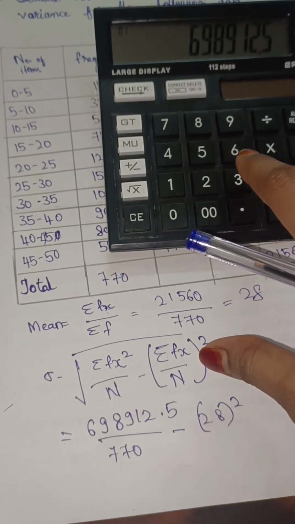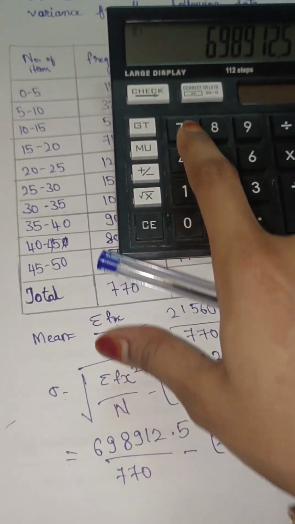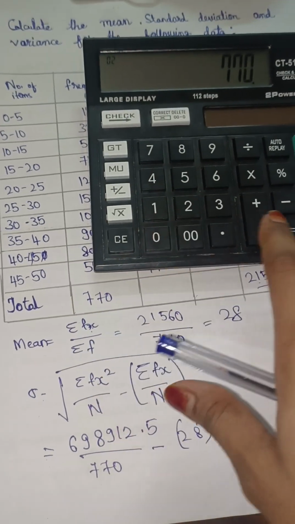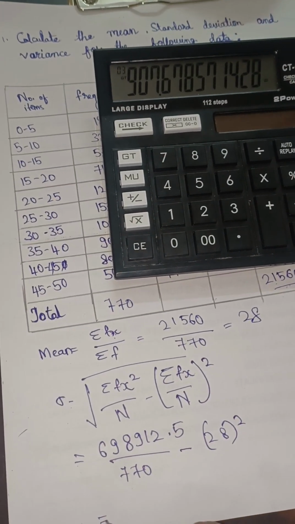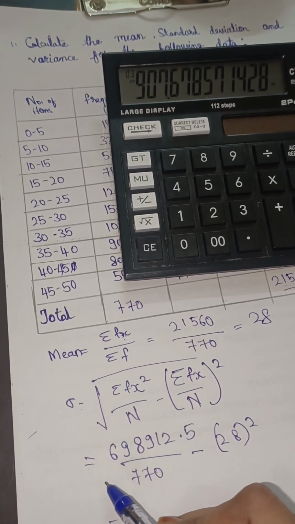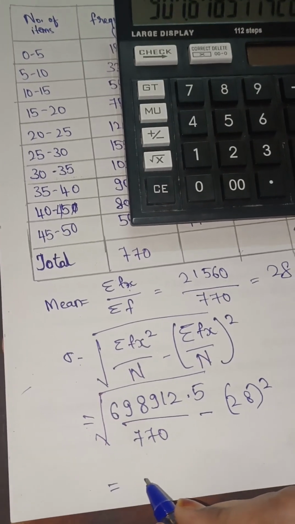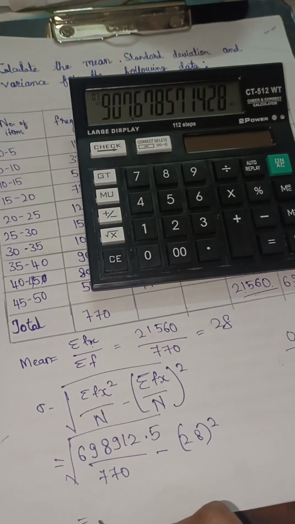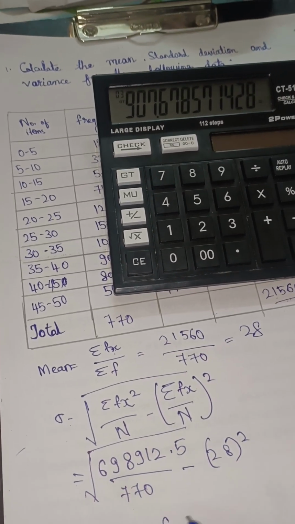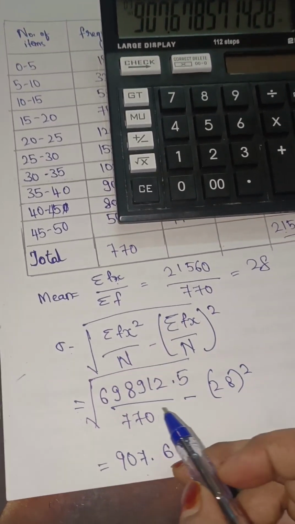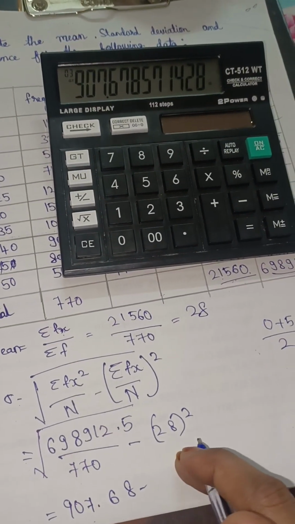912.5 divided by 770. So we have got the answer, which will be, okay, let's not forget to put a root here. So the answer which we have got is 907.68. Okay, so we have found out this solution. Now let's just whole square this 28.